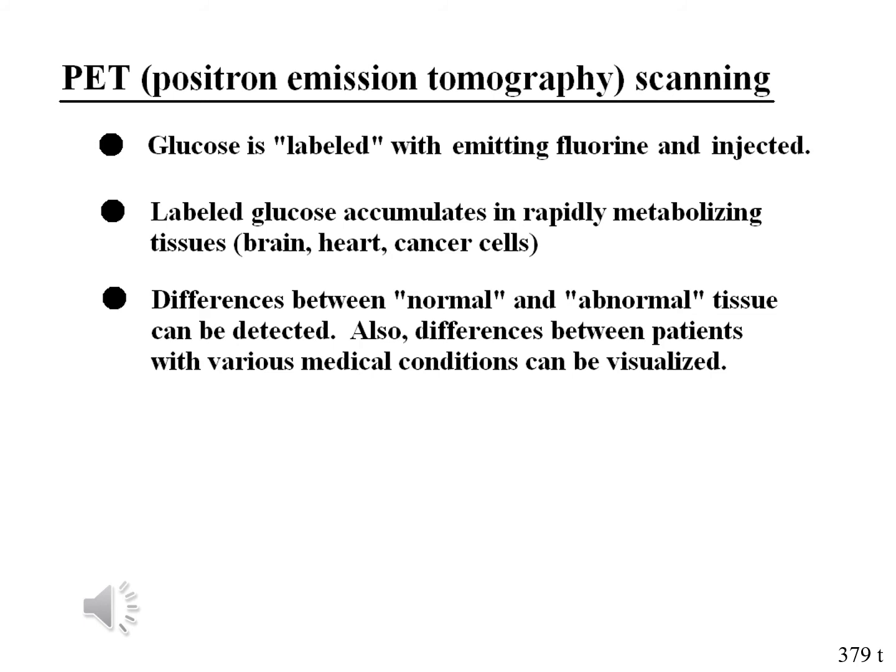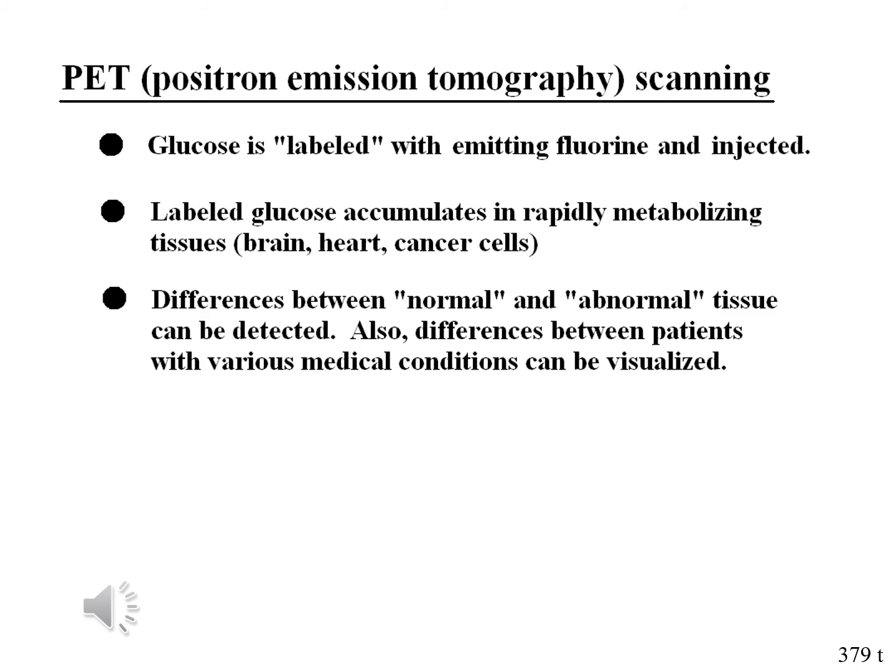And so the glucose goes wherever you're using the most energy. And if you're at rest, that would be in your brain and your heart. And you know that cancer cells are dividing faster than anything, so they accumulate more of the glucose than any other tissue. So you can detect cancer very well.